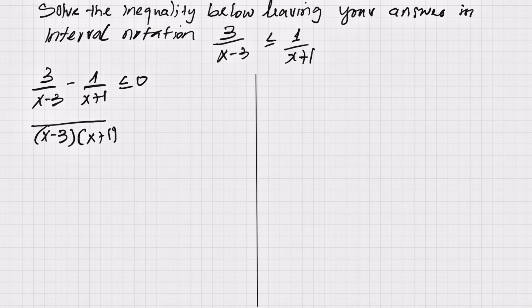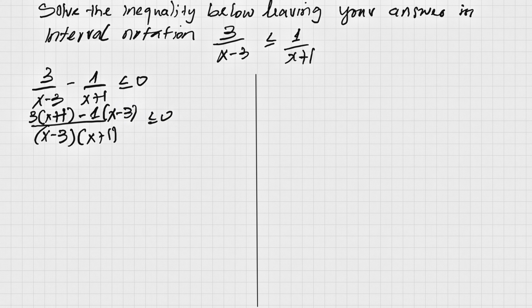If we use this LCM and divide x minus 3, we are going to be left with x plus 1, which will now be 3 into x plus 1. If we use the LCM and divide x plus 1, we are going to be left with x minus 3, so less than or equal to 0.